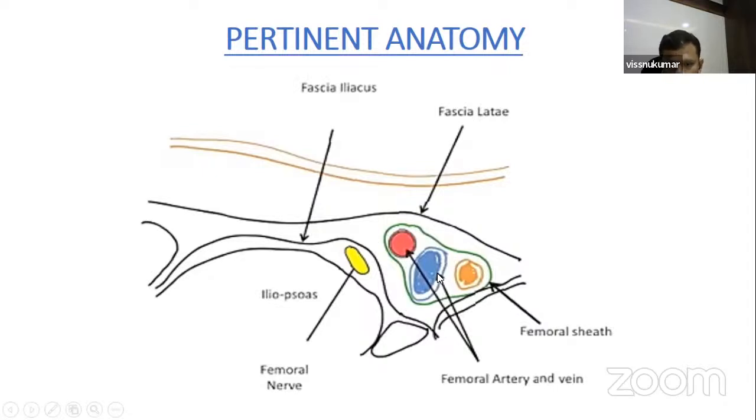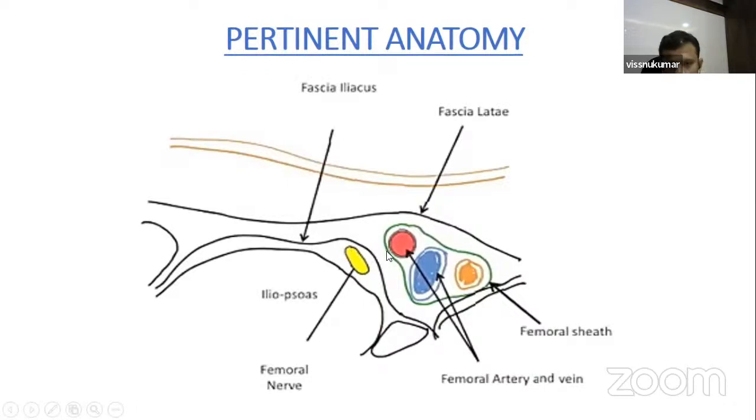So our goal when performing a femoral nerve block is to bring the needle from the lateral to the medial side, and you have to cross both the fascia lata and the fascia iliaca. You have to place your needle here so that your drug is deposited close to the femoral nerve.